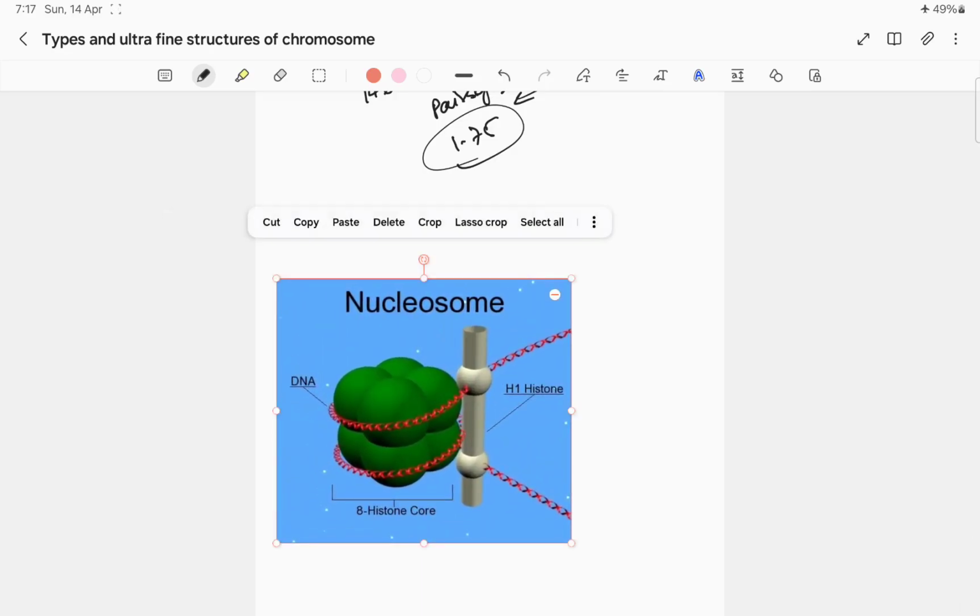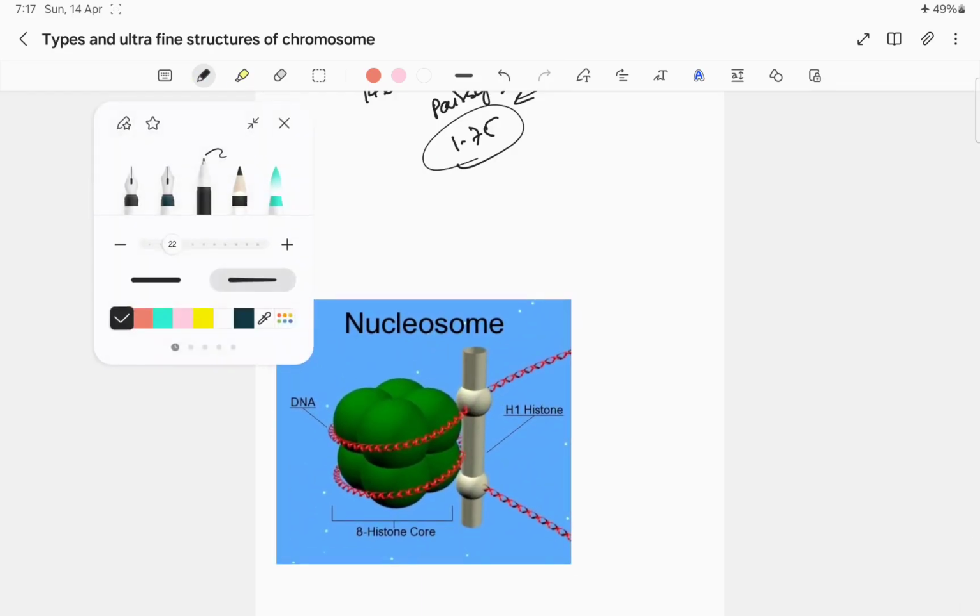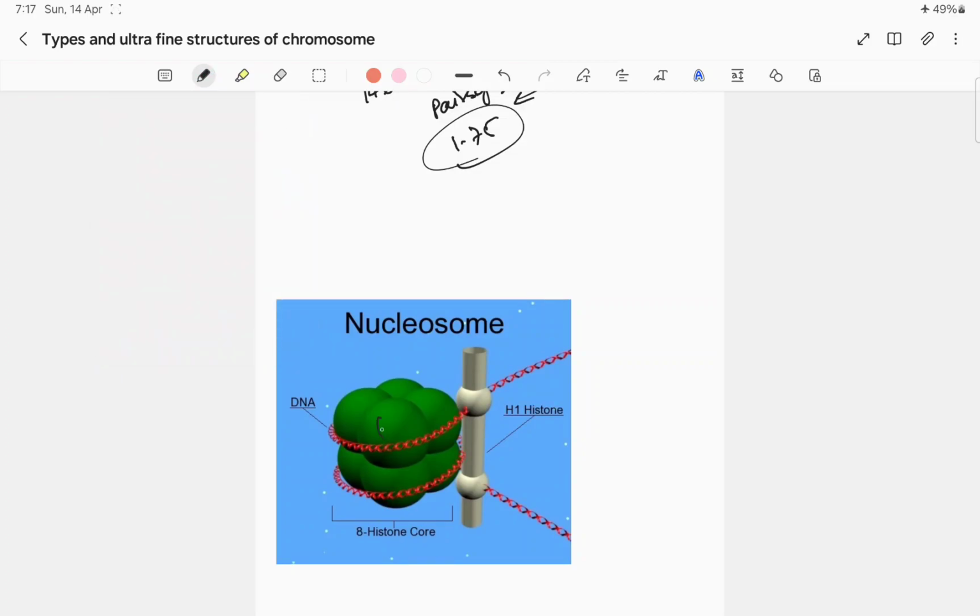As we have discussed, these are the histone proteins that are generally present: H2A, H2B, H3, H4, H3, H2A, H3, H4, H1. Like this the octamer will be formed, and this DNA will be coiling 1.75 times here, right?